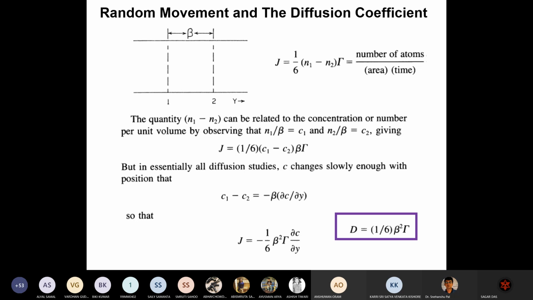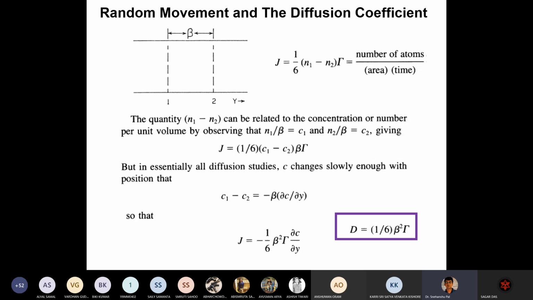Now, we have to remember certain things. It should be emphasized that τ was assumed to be the same for the jump from left to right as from right to left. Thus, the flow down the concentration gradient does not result from any bias of the atoms to jump in the direction.